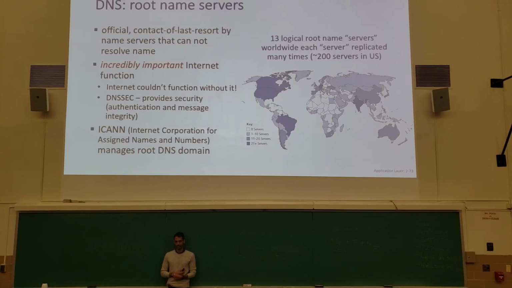Some people may indulge in the business of parking domains, where they buy a domain just in the hopes of making money from it later because they think something will be wonderful, right? Some of this is legal, some of that can border on the illegal. There can be sometimes disputes between who's the rightful owner of the domain. So ICANN is the body that's ultimately in charge of both managing the root of the internet, as well as name adjudication, who's the rightful owner of a name. Okay.